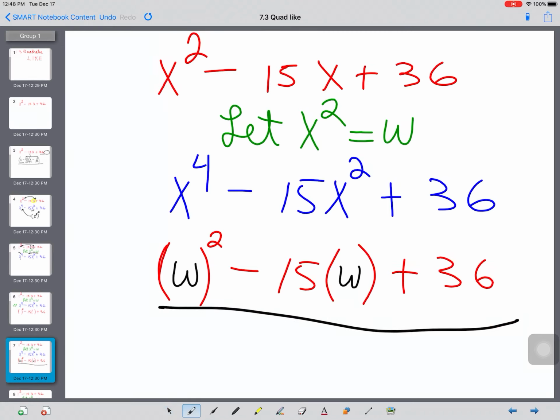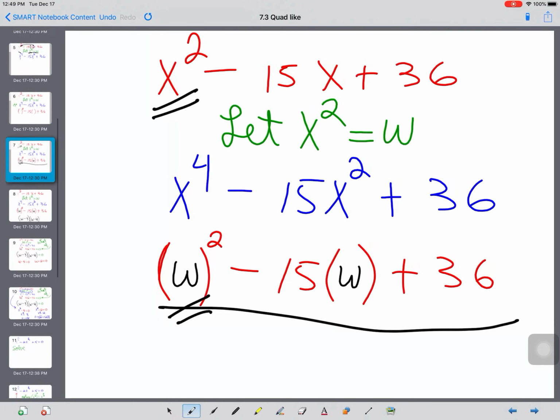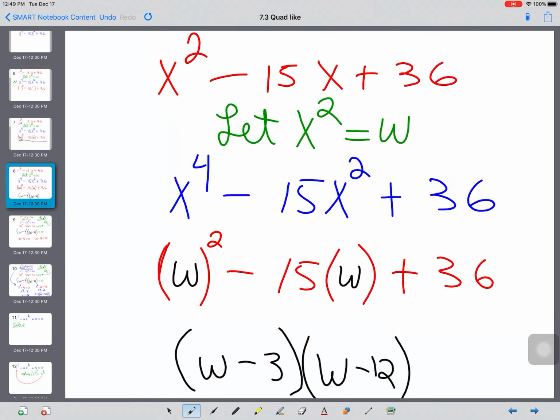Now the biggest thing you've got to do here is to remember that you have to solve this problem for x. In a minute, I'm going to factor it, I'm going to deal with this in terms of w, and I've got to get back to the x eventually. So next step here is to figure out the factors.